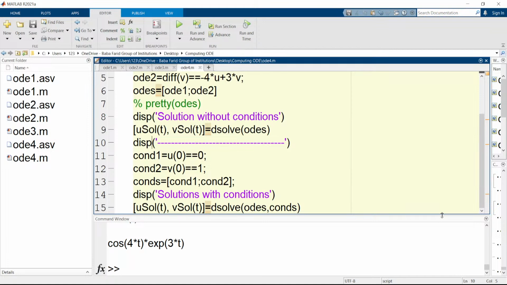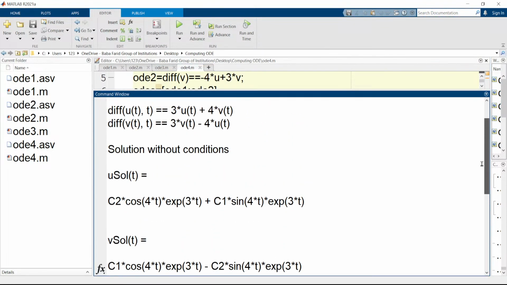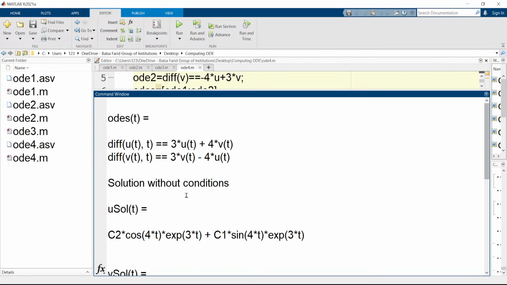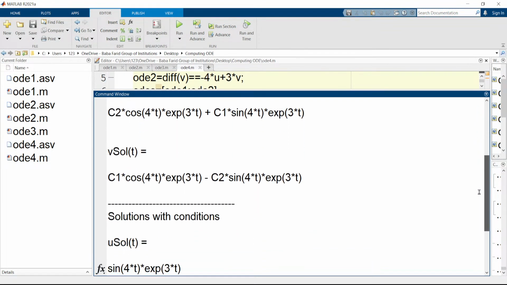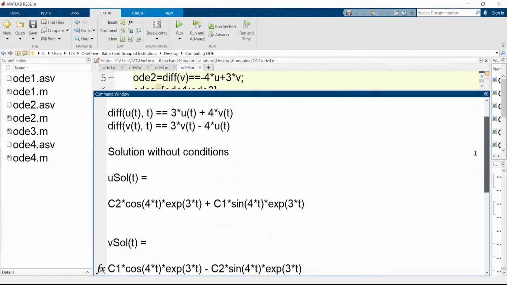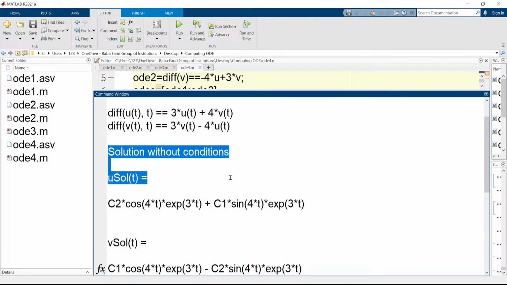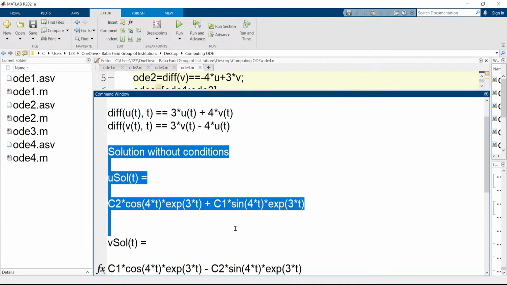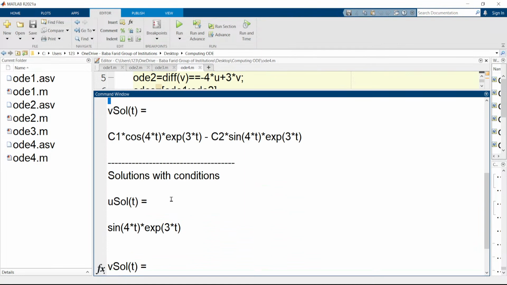Now check, you can see this is the first solution, the solution without conditions, and after that we have solutions with condition.